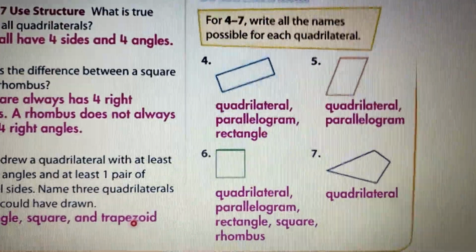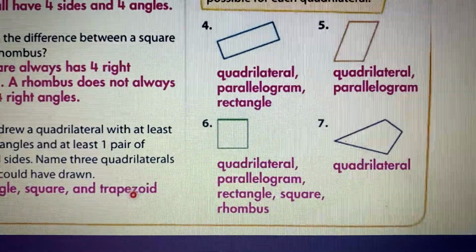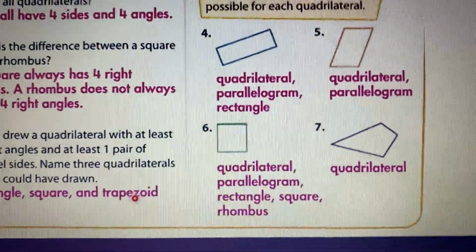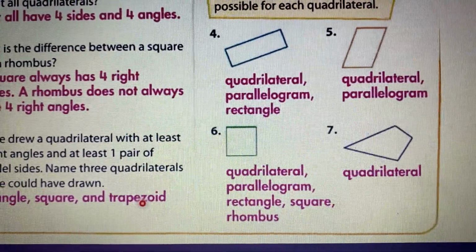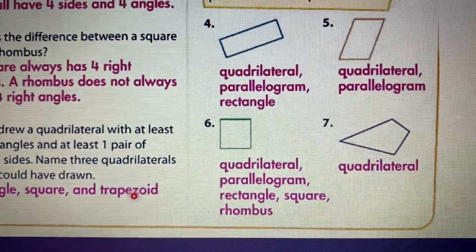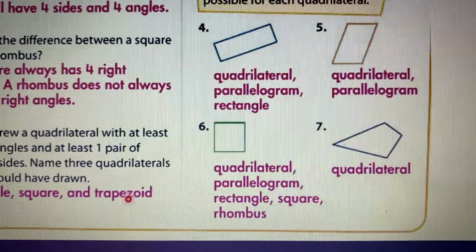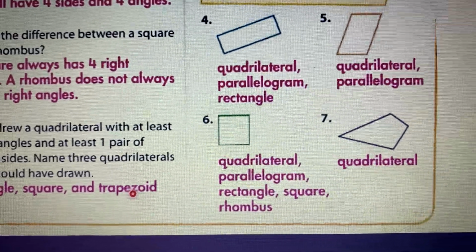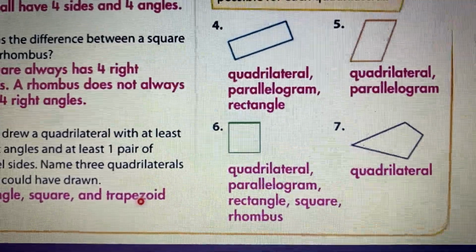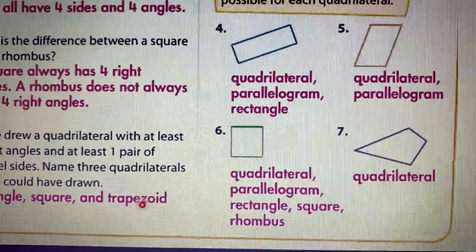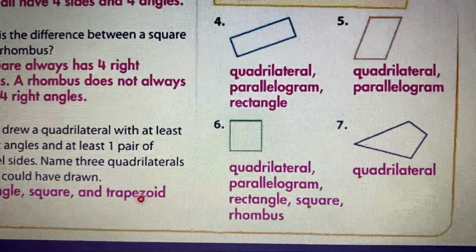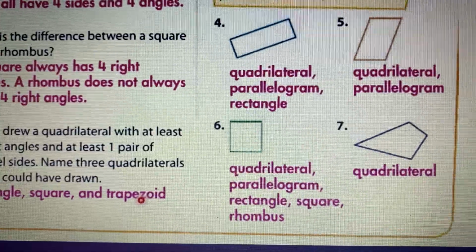Let's look at these shapes. All of them, of course, since we have four sides and four angles, are quadrilaterals. So we can talk about this. Okay, correct. Now we're going to think about: are they parallelograms? Are they rectangles, squares, rhombuses?